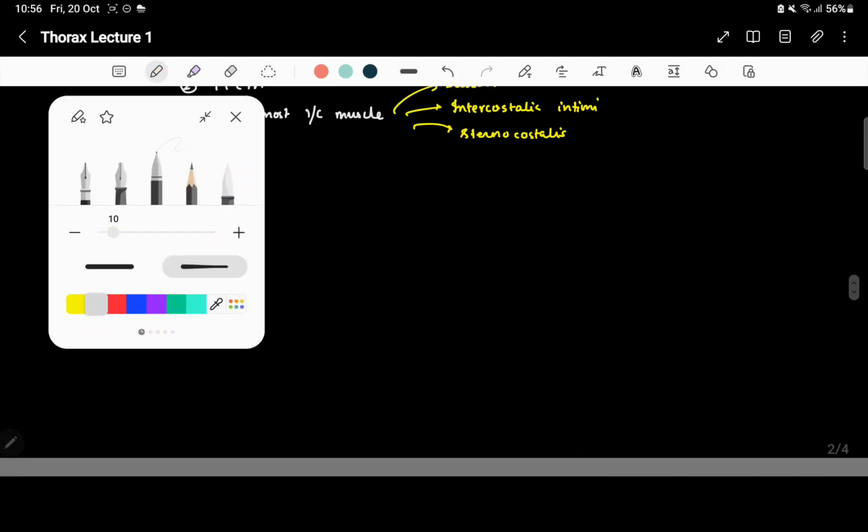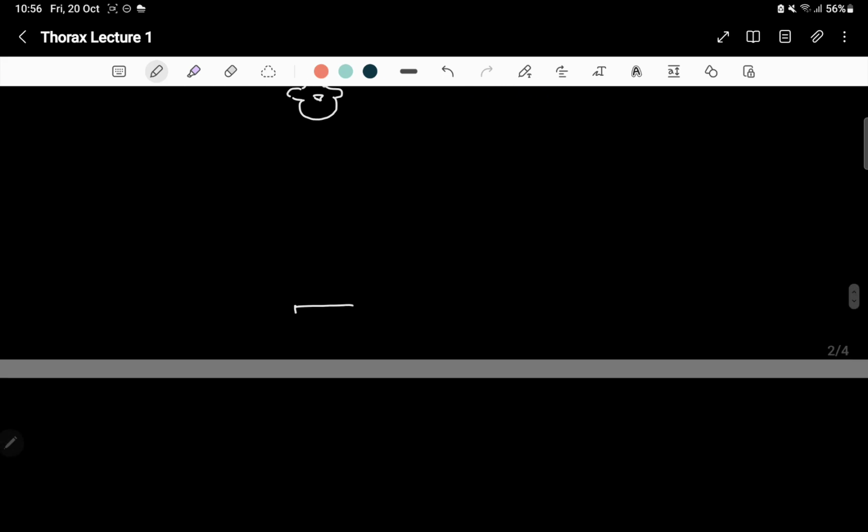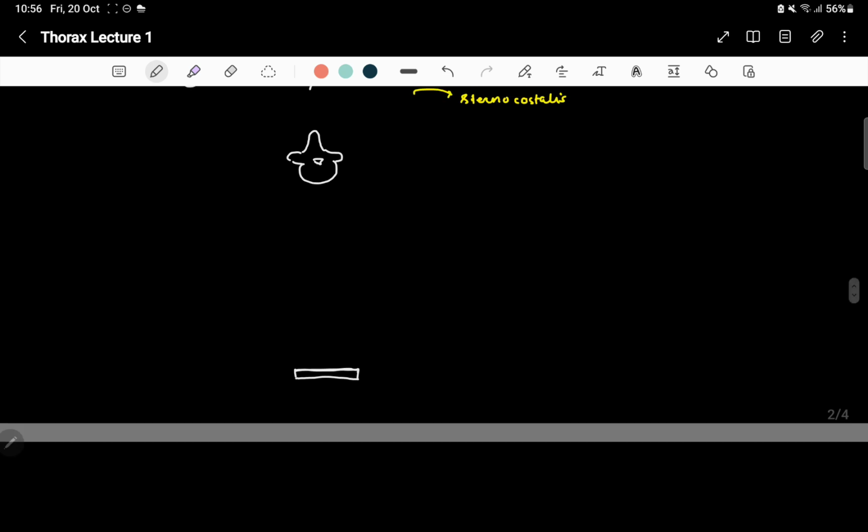So let's say here we have a rib, your vertebral column, a vertebrae here, and the sternum here. Let me show how the muscles are arranged here.